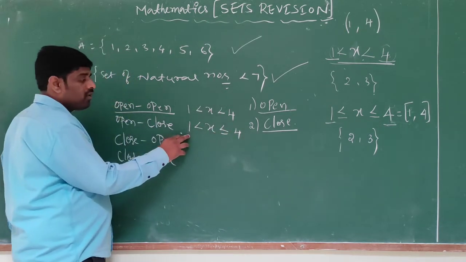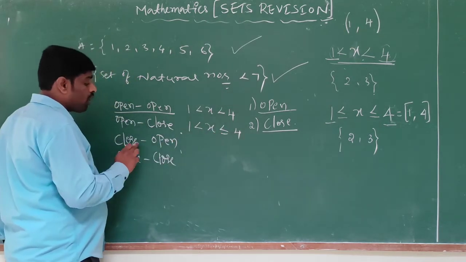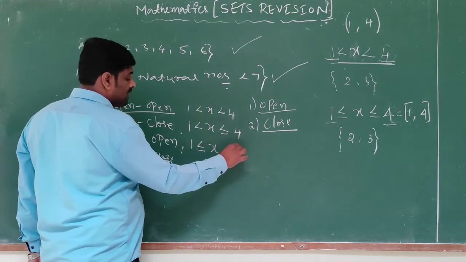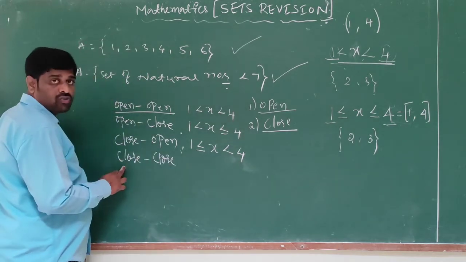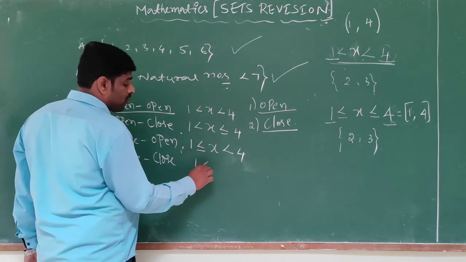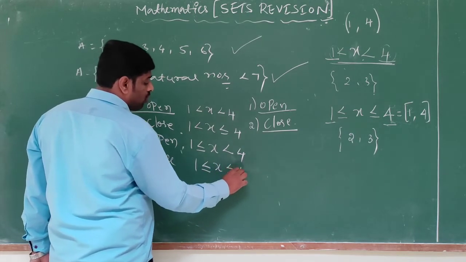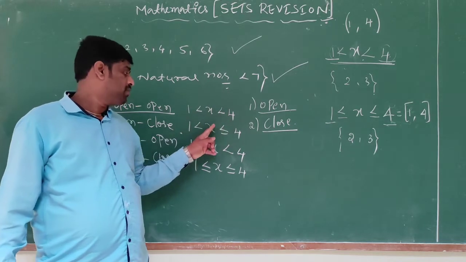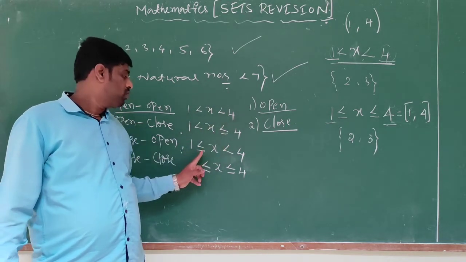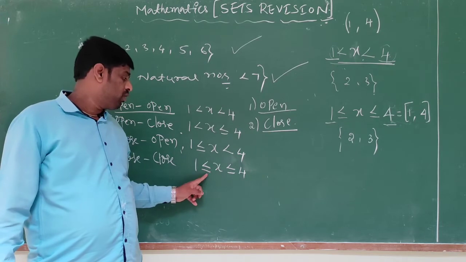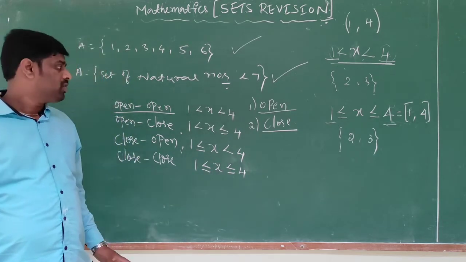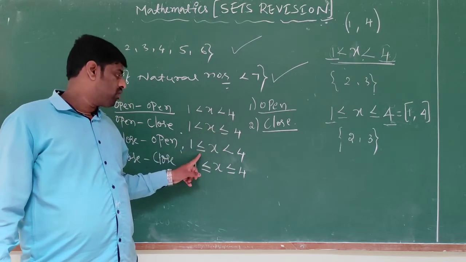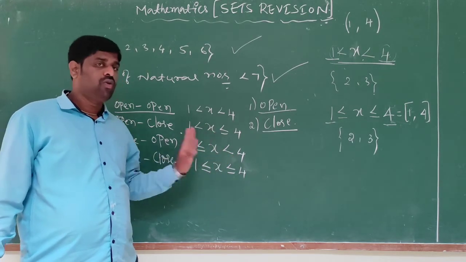Here 1 is open, 4 is closed. Close-open means 1 less than or equal to x less than 4. Close-close means 1 less than or equal to x less than or equal to 4.